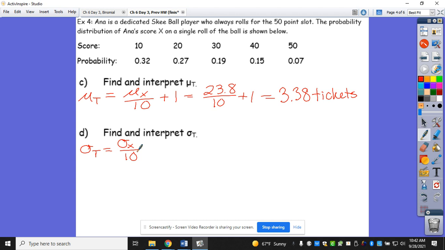And I don't add 1 because it's not affected by adding, subtracting. What was my sigma of x? And usually I do everything to 4 decimals, but there's no reason to just drop 2 decimals, or drop a decimal, for no reason.